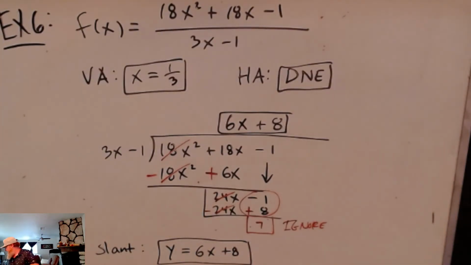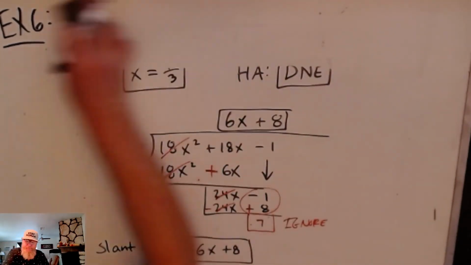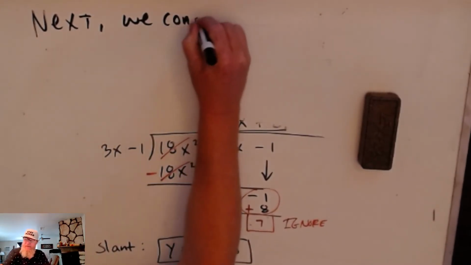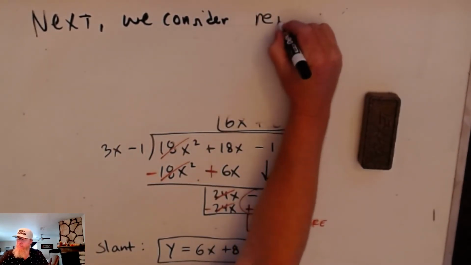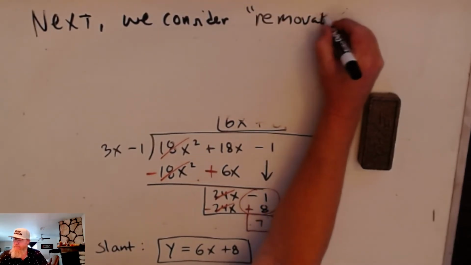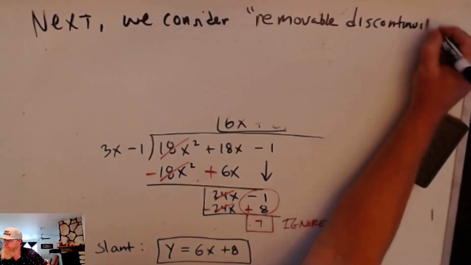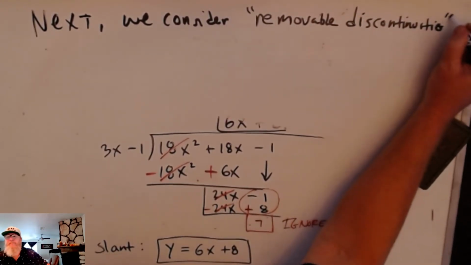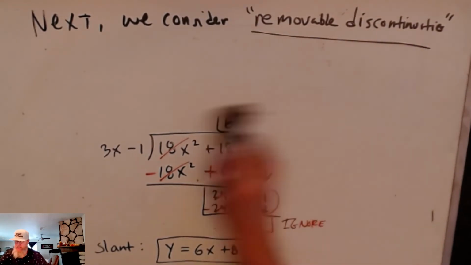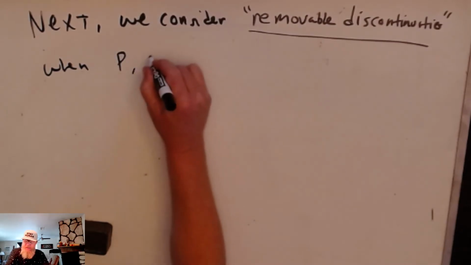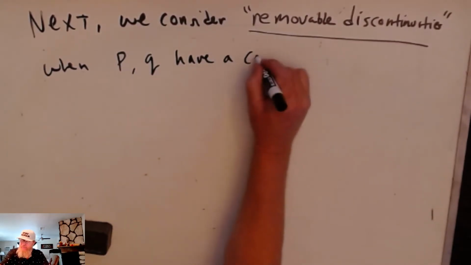OK, so the next thing that could happen, we consider what are called removable discontinuities. That's whenever P and Q have a common factor.